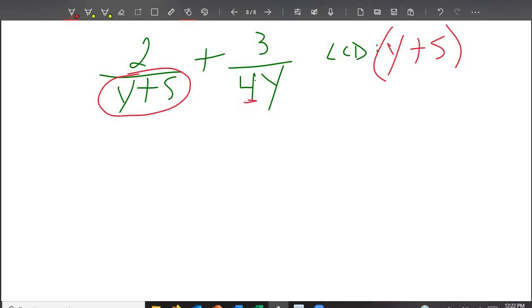Well, notice they're not sharing a 4, so we got to include the 4. And they're not sharing a single y, so we have to include the single y. So the common denominator will now be a 4 and a y plus 5.